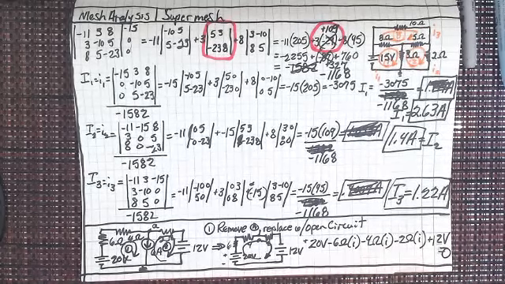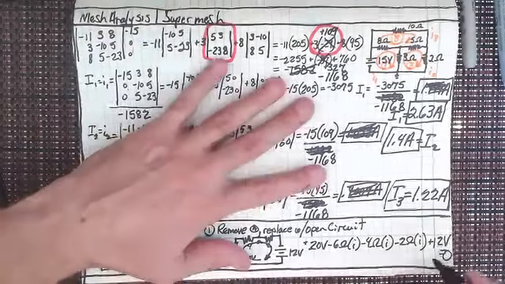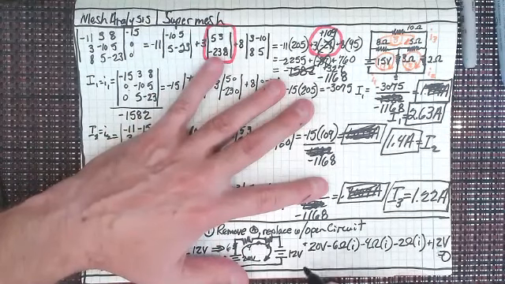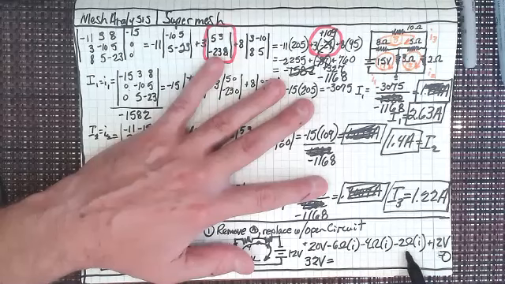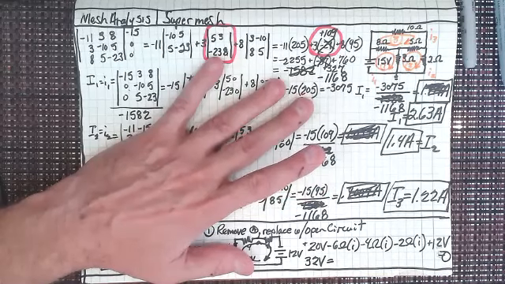Can we add or subtract anything else? Sure. How about 20 plus 12? Doesn't that give me 32 volts? How about minus 6? So 32 volts equals minus 6, minus 4, minus 2. That equals minus 12.